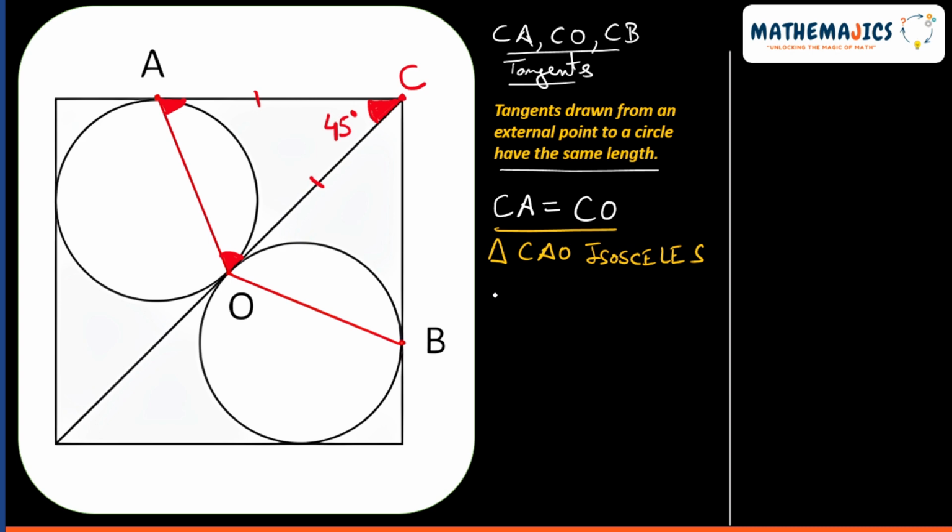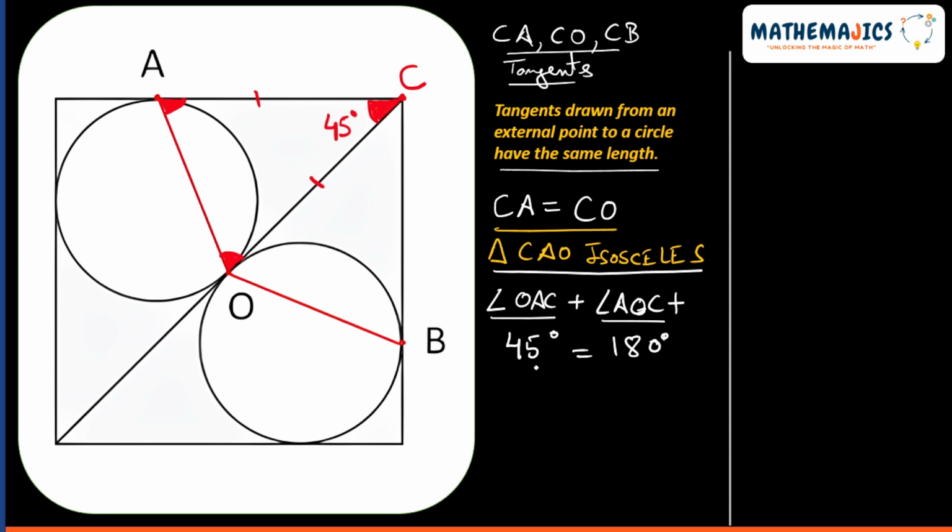Let's write it down. Angle OAC plus angle AOC plus this angle 45 degree in this triangle CAO is equal to 180 degree. Now, as we know, angle OAC and AOC are equal to each other. What will be the measure of angle AOC? It will be (180 degree minus 45) by 2, which will give us angle AOC is equal to 135 degree by 2.